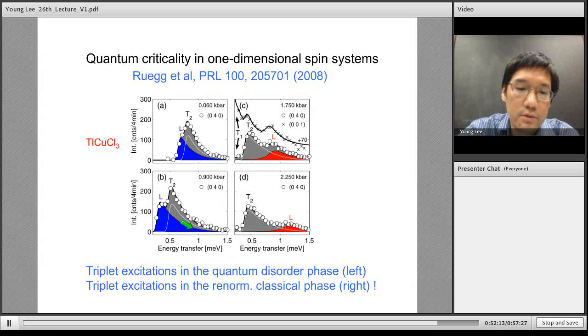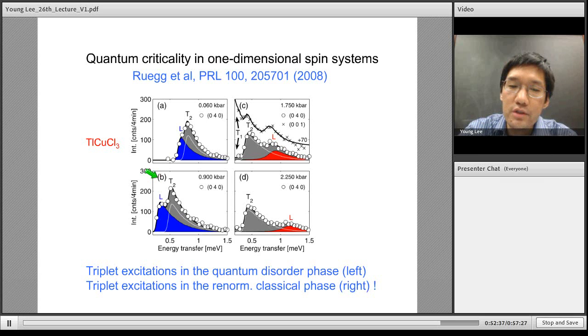They measure those and label them on the left set of figures. You have L for the longitudinal mode and T2 for one of the transverse modes. And you see that as you increase pressure, the energies of these modes start to diminish. That's what should be happening because at the quantum critical point, the gap should close.